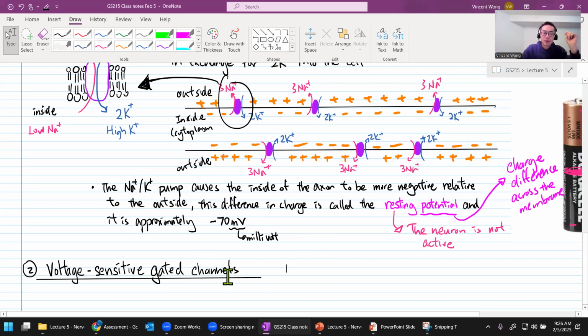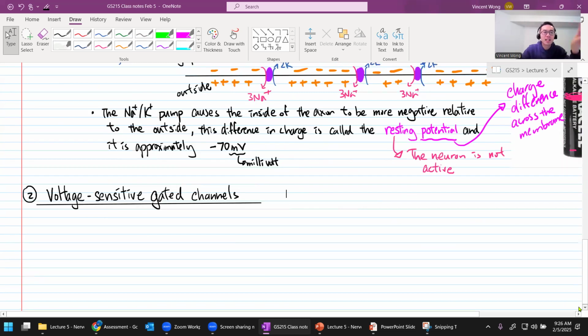So these are channels like the one I showed you, but they have two additional features. Number one, they are gated. Gated means there is a door, a gate to the channel. So you can open the gate or you can close the gate. Obviously, if you open the gate, then things can pass through, and if you close it, then nothing gets through. So what controls the opening and closing of the gate?